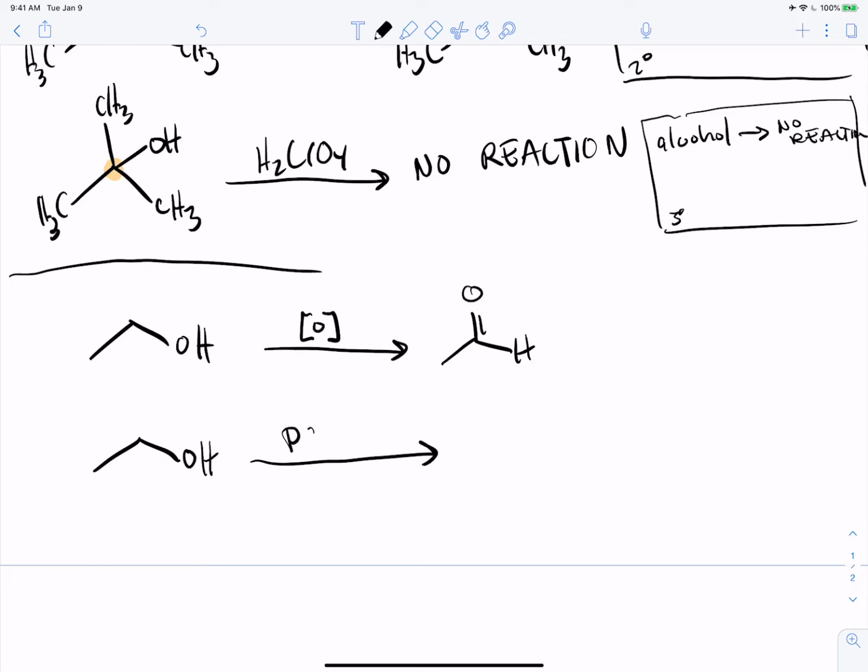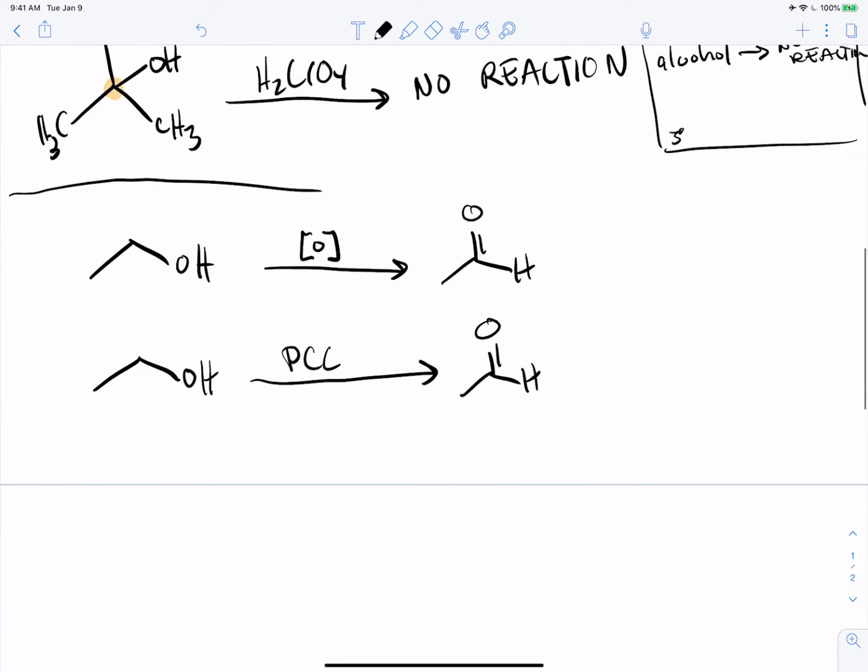What we can do to achieve this is use a special chromium reagent called PCC, and that will stop us at the aldehyde. What does that reagent look like? PCC stands for pyridinium. This is what pyridine looks like. It's a benzene ring with a nitrogen in it. Pyridinium implies that it's protonated, or it's part of a salt.